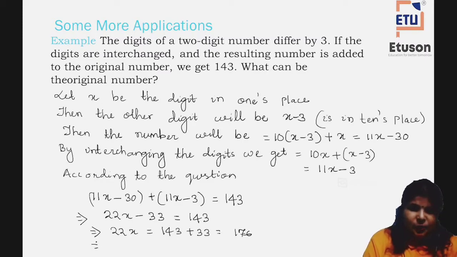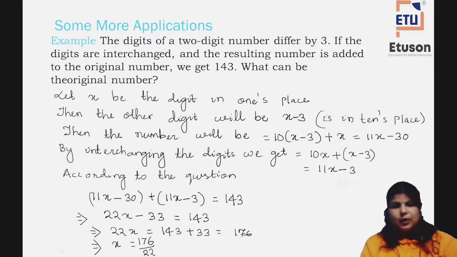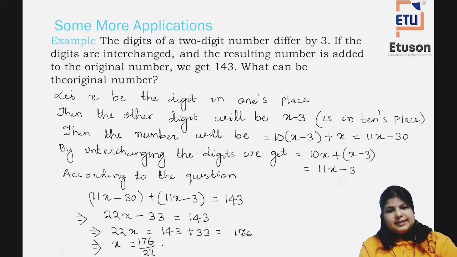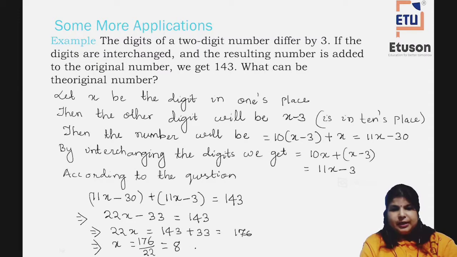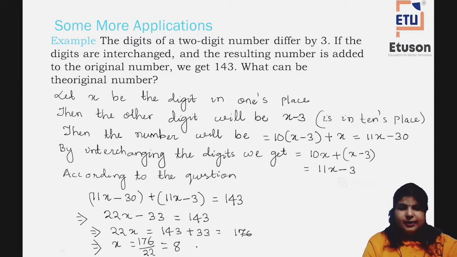Then what will be the value of x? So x is equal to 176 divided by 22, which is nothing but equal to 8. Then what about the other digit?